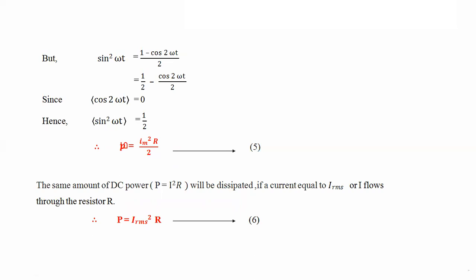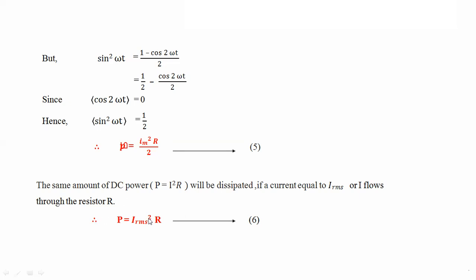The cos of 2 omega t over a complete cycle averages to zero, and the average of sine square omega t is 1/2. So P average I will get as Im square R upon 2.